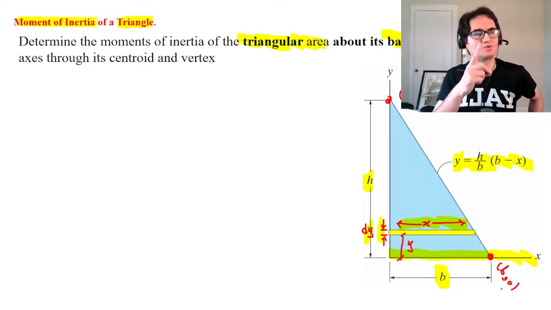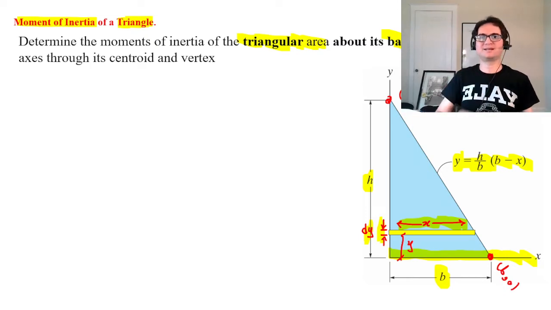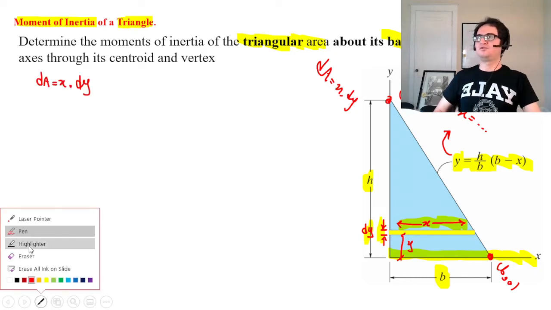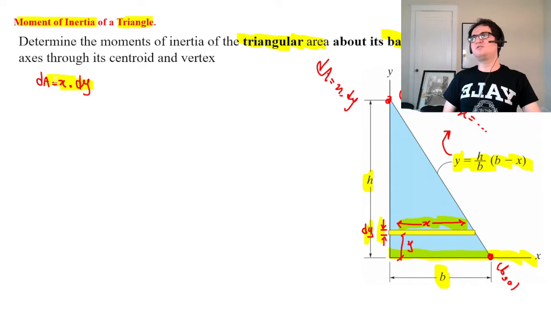With just knowing these two points, you can do the math and get the equation. Then rearrange this equation for x, and dA is x dy. Then do the integration.